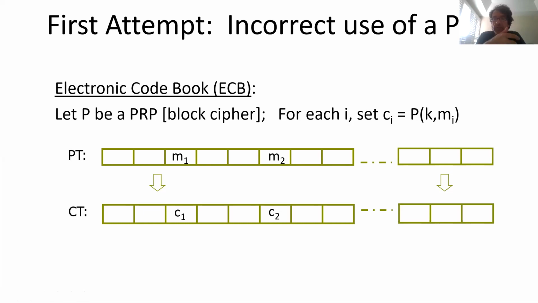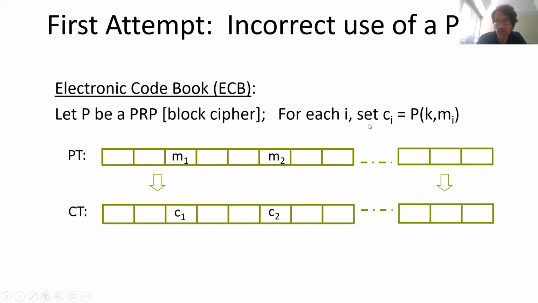The mode of operation of a block cipher refers to how you use a block cipher to encrypt larger messages. And here is a knee-jerk way to do so. If you have a long message, just divide it into blocks equal in size to the block size of the block cipher. We'll model the block cipher as a PRP, a pseudo-random permutation. In the case of AES, each of these blocks is 128 bits.